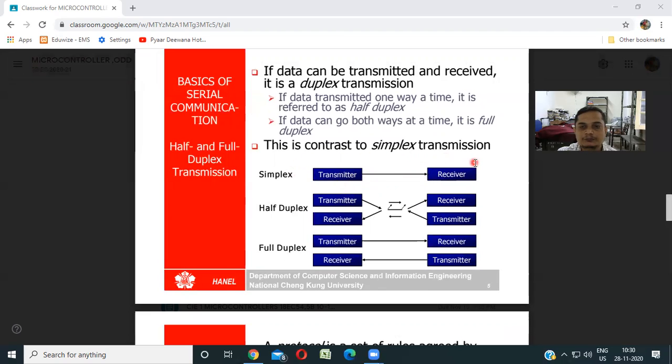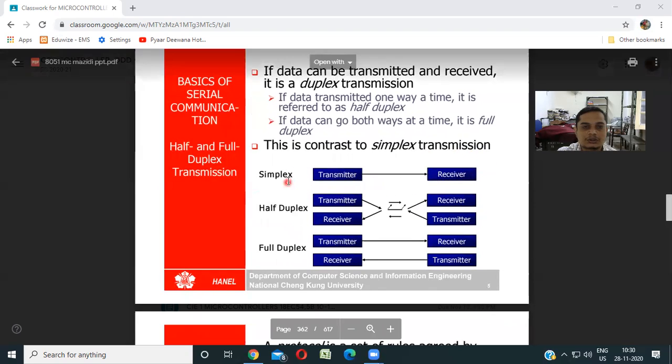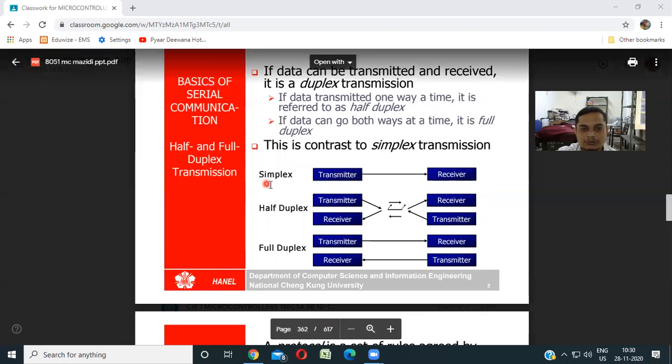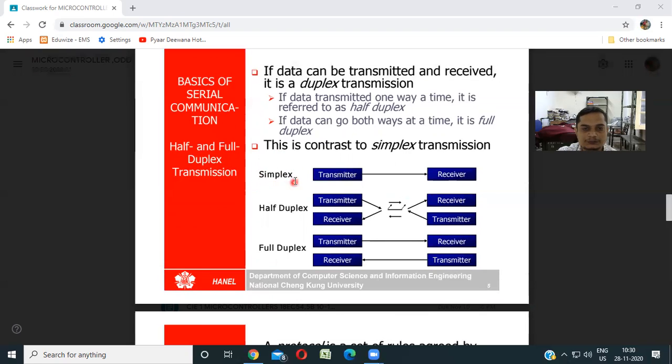This type of data transfer is called simplex. One example is pagers, where we send the information, and another example is sending an SMS. There we are sending the data one way, with no acknowledgement and no reverse operation. So one-way data transfer is called simplex.